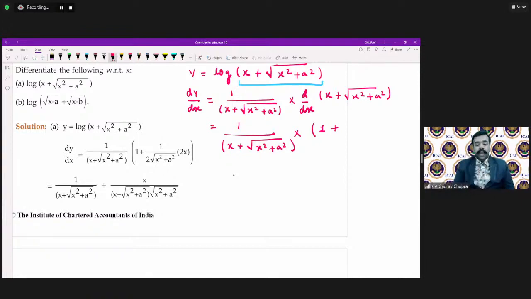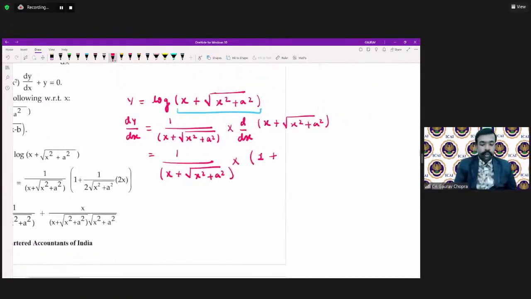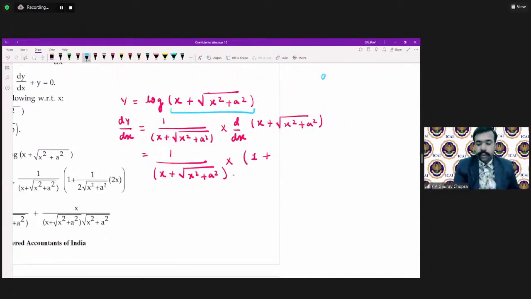The derivative of root of x, we already know, d by dx of root of x is equal to 1 by 2 root of x. So we apply this here: 1 upon 2, and in place of x we write x square plus a square.